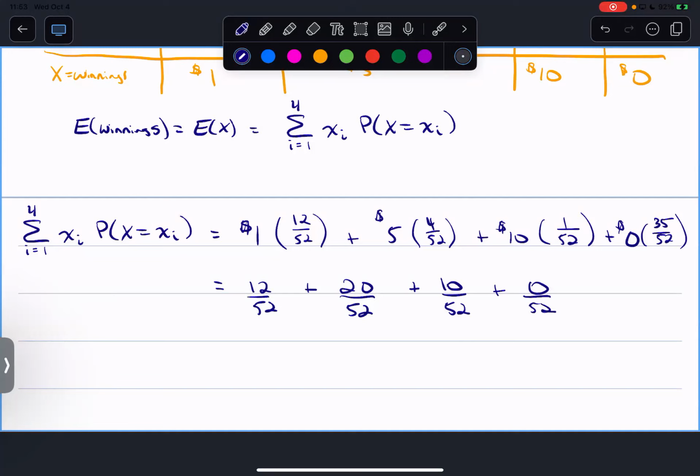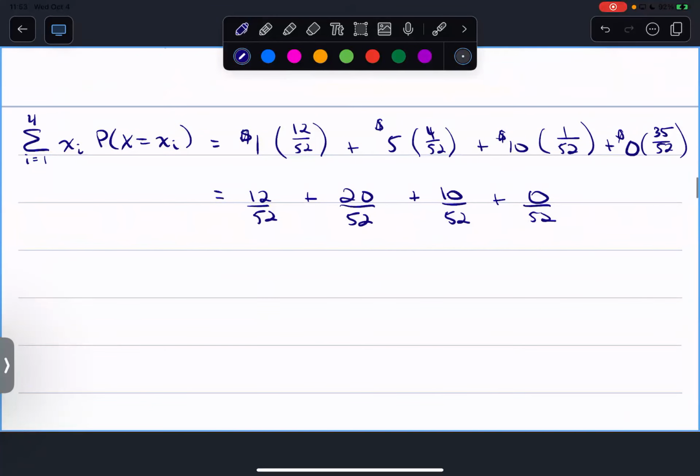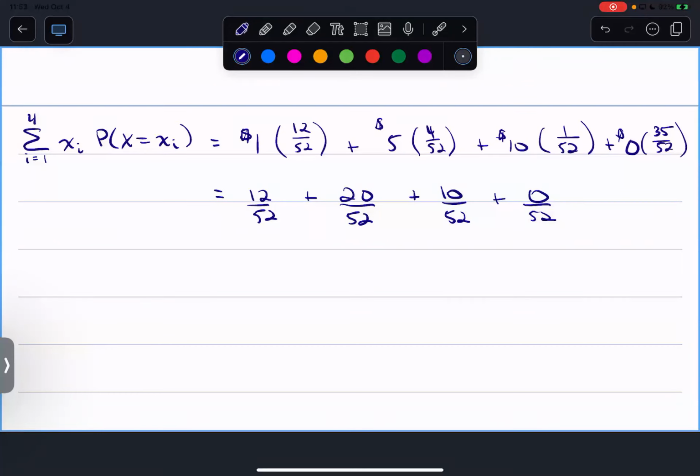Mostly because I also teach math, obviously. Adding fractions, you have to have a common denominator. But now, here we are, 12 plus 20 plus 10 plus 0 puts me at 42 over 52.